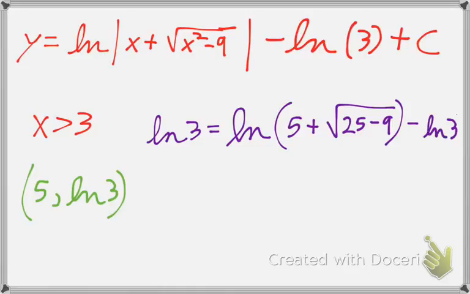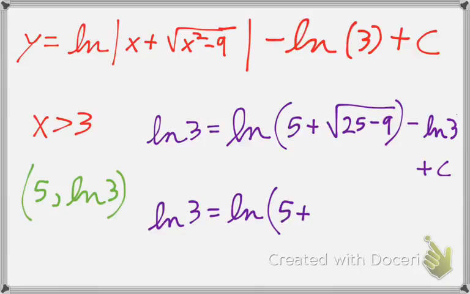So natural log of 3 is equal to natural log of 5 plus, that would be equal to 16, so plus 4, minus ln 3, plus c.